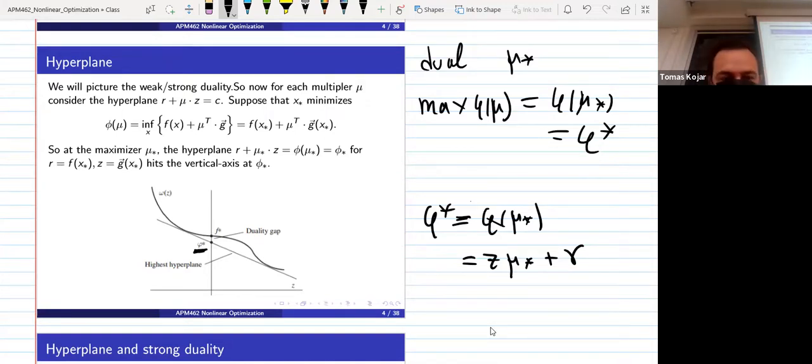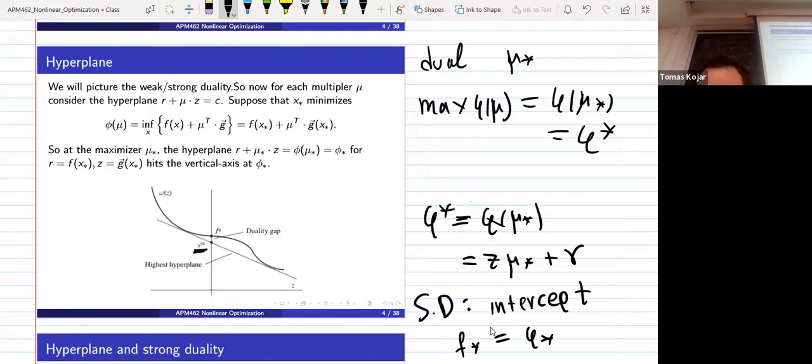Okay, so you can see from the picture that strong duality holds only when the intercept f star is equal to phi star, right? Only when these two are equal do you have strong duality. So from the picture, it means that the line has to touch the curve. But this cannot happen if it's not convex. Do you understand?